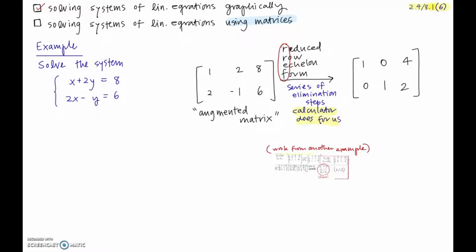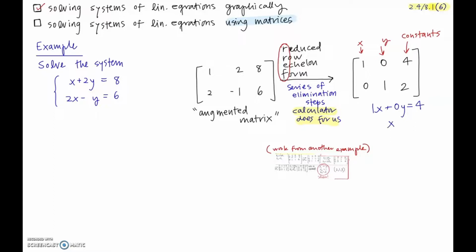Now we remember that this first column represented coefficients of x, this second column represented coefficients of y, and this third column represented constant terms in the equation. So this first row is saying 1 times x plus 0 times y equals 4.